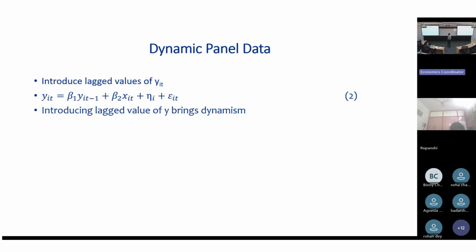We call such models dynamic panel models. So that is the definition of a dynamic panel model, where we are introducing the lagged values of Y_it in the model. We have a set of explanatory variables, but we will add lagged values of Y as well to this model.